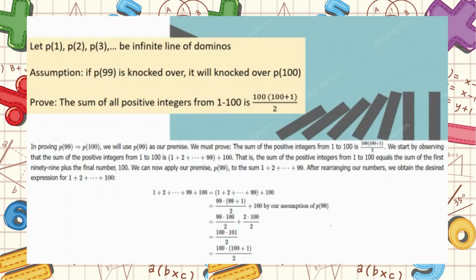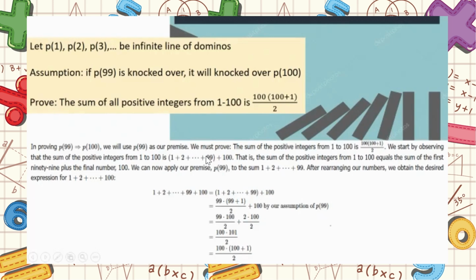In this case, we want to prove that the sum of all positive integers from 1 to 100 is 100 times 100 plus 1, divided by 2. So this is the formula now, and we are now using our mathematical induction formula. In proving that P of 99 will knock off P of 100, again we will use P of 99 as our premise.